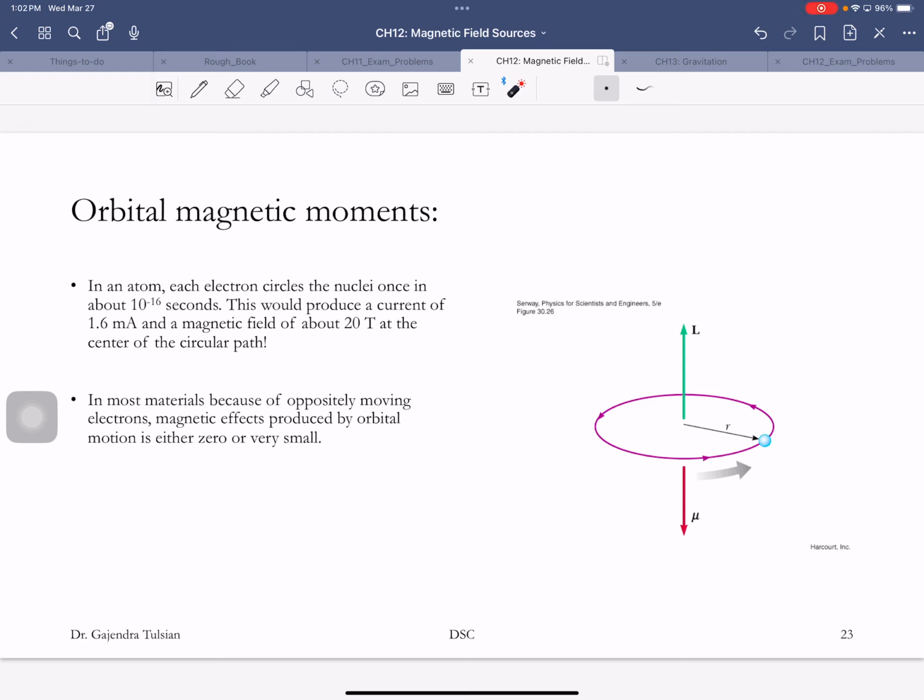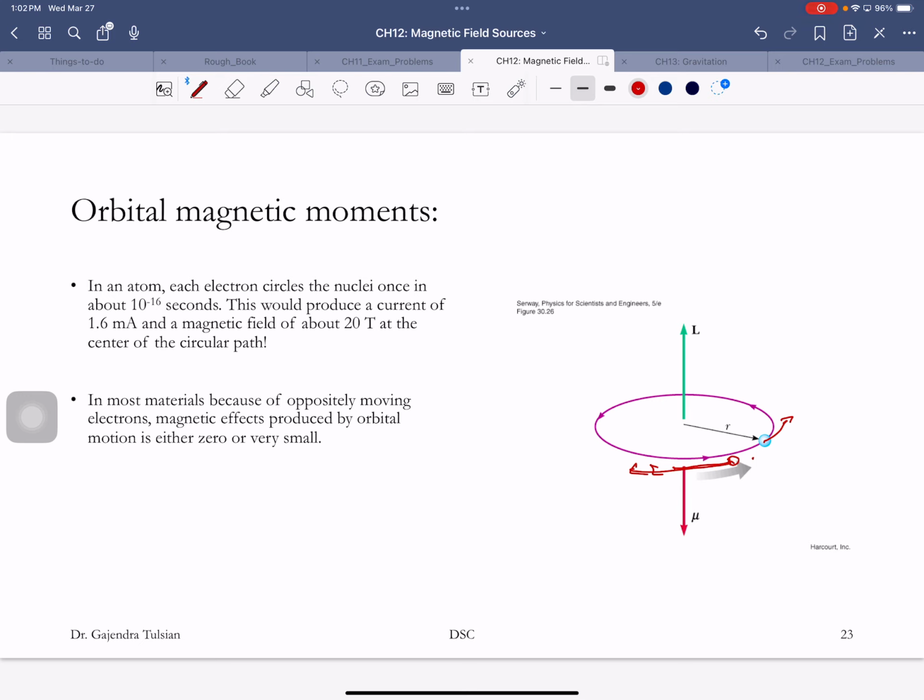If an atom was sitting here and it produced a 20 Tesla magnetic field, any gurney in this room would jump towards the atom. So in general, for every electron going like that, there's another electron going in the opposite direction. So the magnetic moment of that gets canceled by the magnetic moment of that.